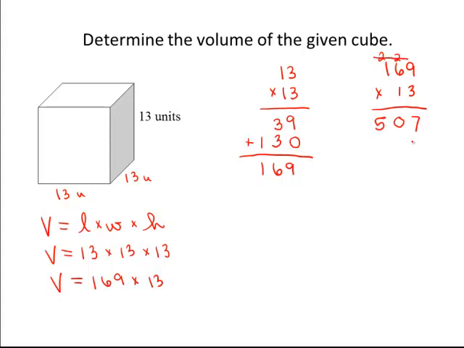Add a 0 as a placeholder. 9 times 1 is 9. 6 times 1 is 6. 1 times 1 is 1. Add the columns. The volume of this cube is 2,197 cubic units.